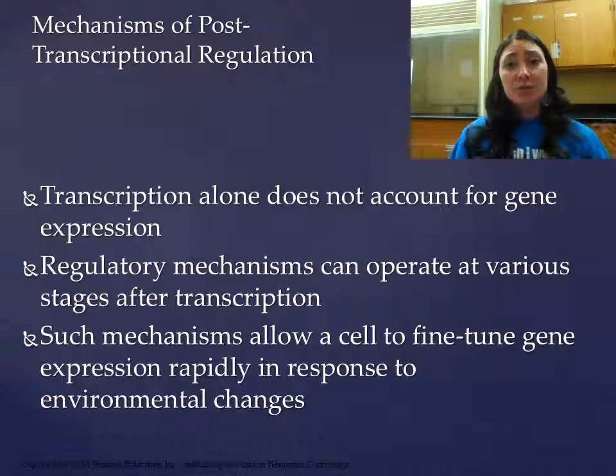Transcription and chromatin condensing is not the only way that we can control what genes are expressed. We have regulatory mechanisms at various stages after transcription as well, which are considered post-transcriptional regulation. These mechanisms allow a fine-tuning of your gene expression, and this happens quickly enough that you can respond to environmental changes.